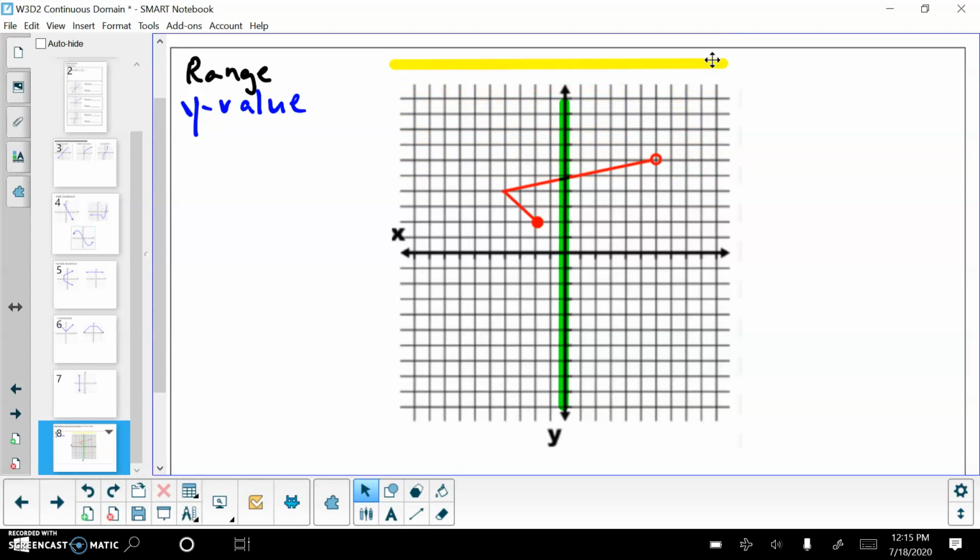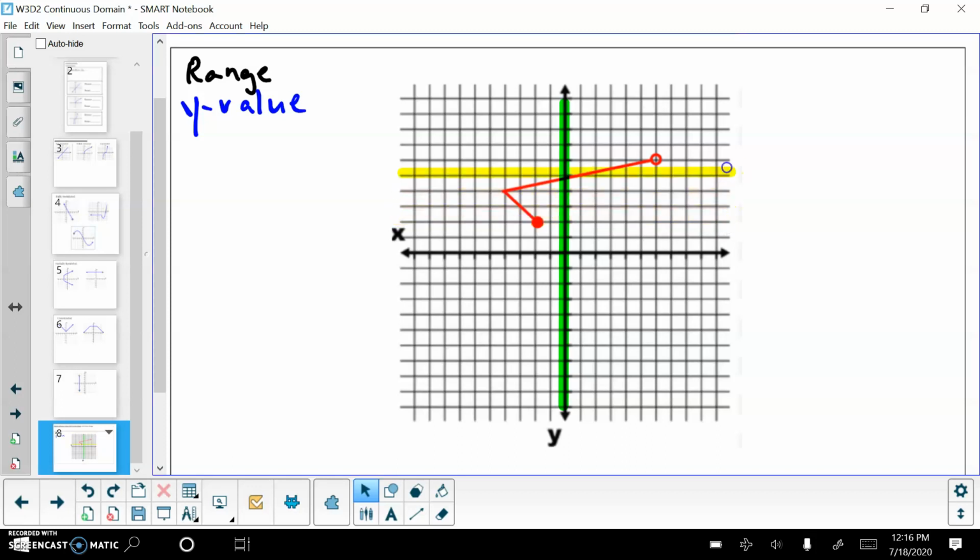So I'm just going to start off with my lowest boundary. It doesn't actually have to be a point with a dot on the line, but it's just the lowest area of the red graph. And in this particular case, it does happen to be one of the endpoints. So it's right there. And when I look at that, I look at where is that along the green y-axis.